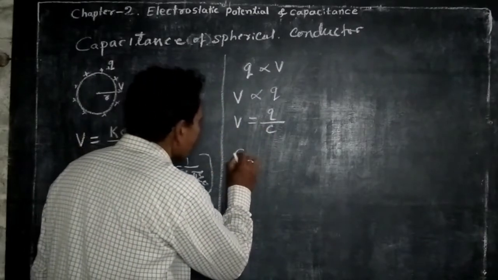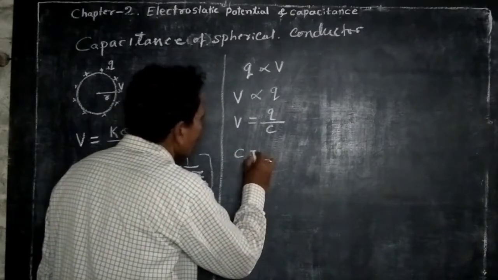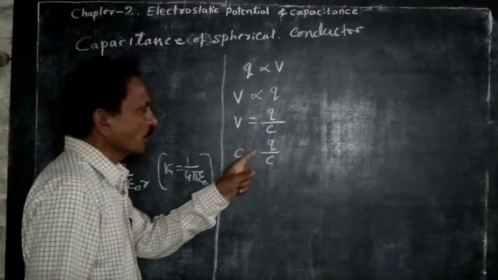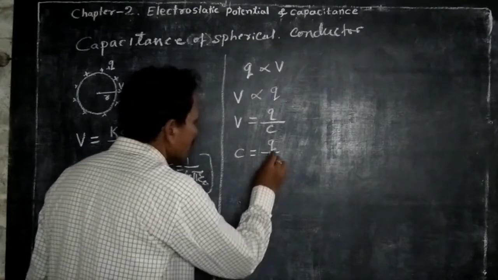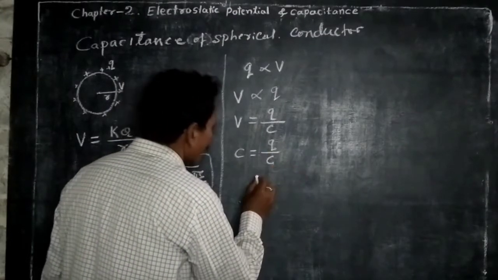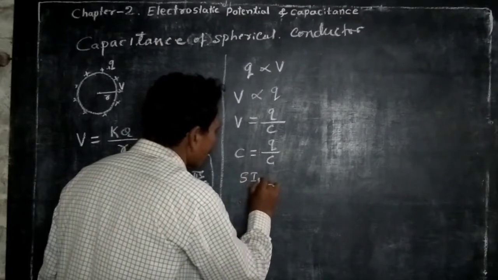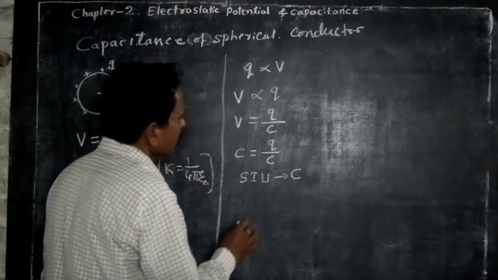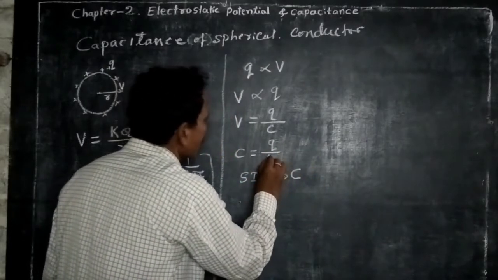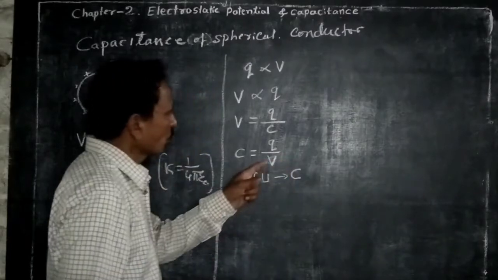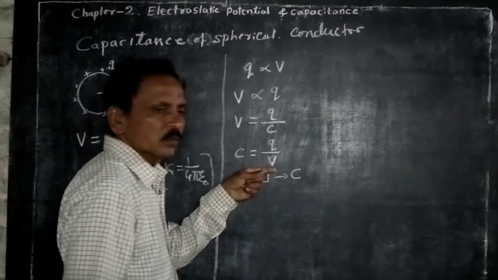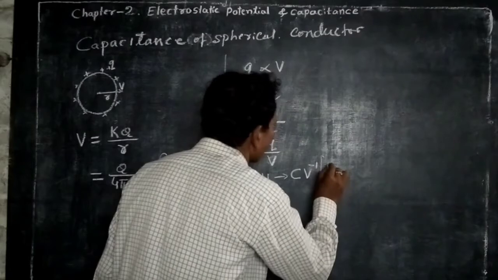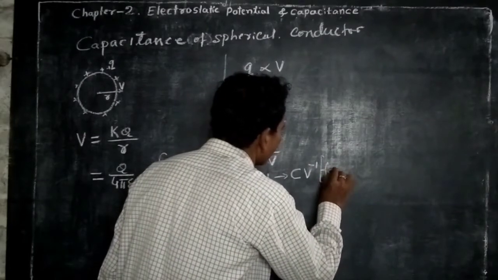Thus, capacitance of the conductor C equals q upon phi, and the SI unit of capacitance of a conductor is: SI unit of charge is coulomb, so C equals q upon phi, coulomb upon volt, that is coulomb per volt, and is called farad.